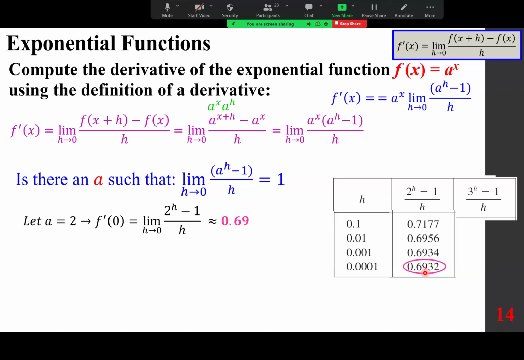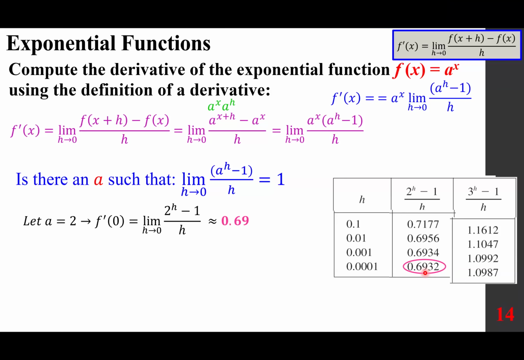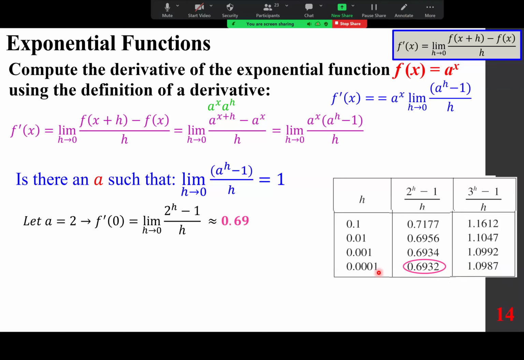If we do the same thing for number 3, everybody, again, we're just using one side of h, and this is the closest number, and according to that, this limit seems to be 1.1.